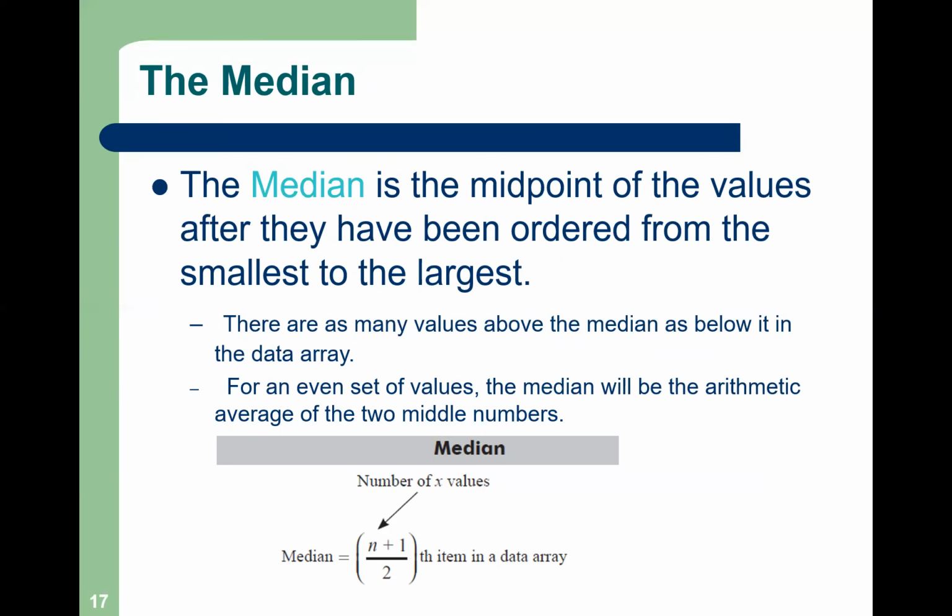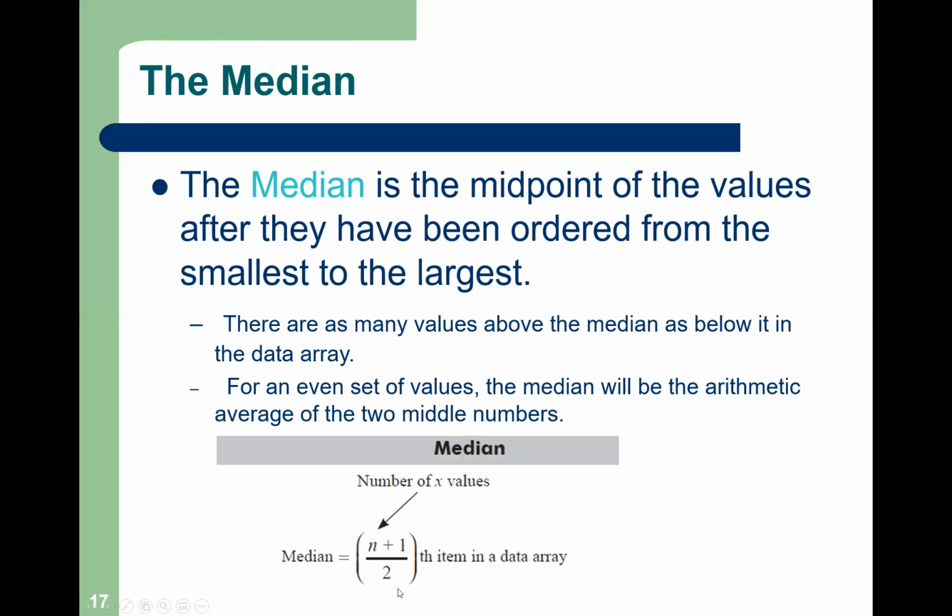The property of the median is that exactly equal numbers of values are greater than and less than the median. So actually the median cuts the total data into two equal parts. Here is the formula to find the median: n plus 1 divided by 2.